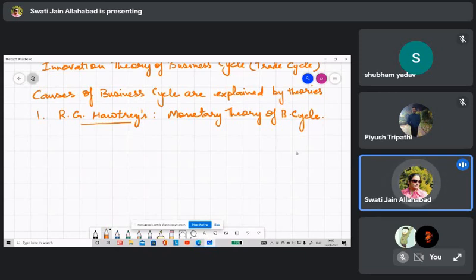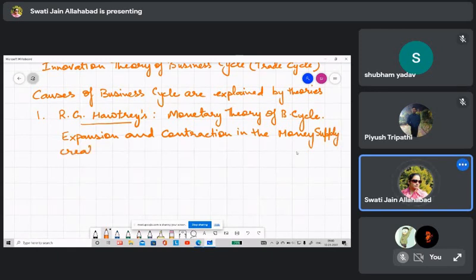So expansion and contraction in money supply create fluctuations in economic activities.